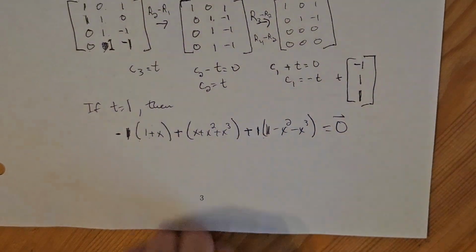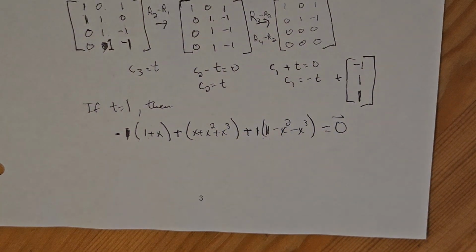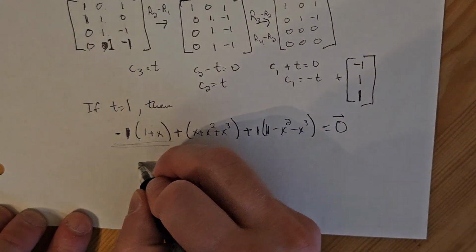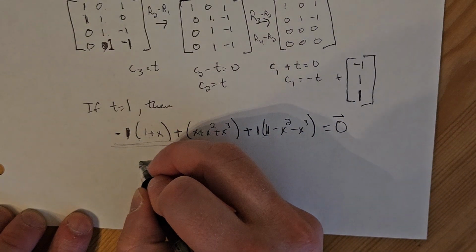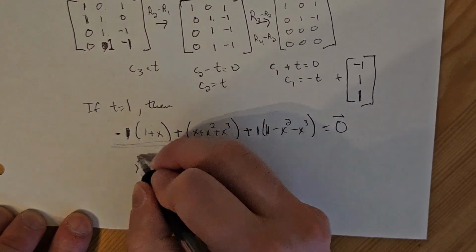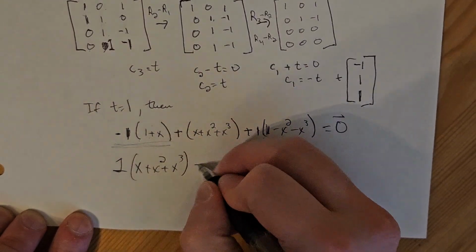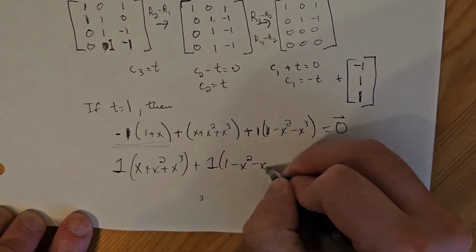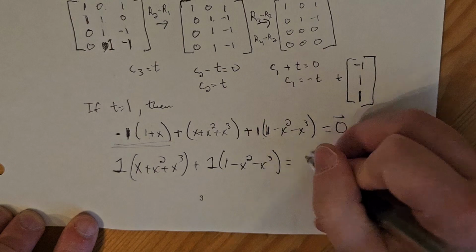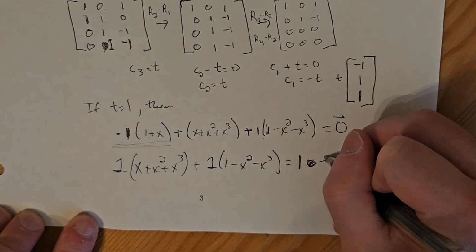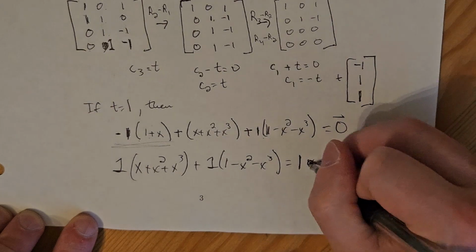And we can write down 1 in terms of the other 2 by just adding this over to the other side. So we're going to get 1 of x plus x squared plus x cubed, plus 1 of this vector, is equal to 1 of our first polynomial, 1 plus x.